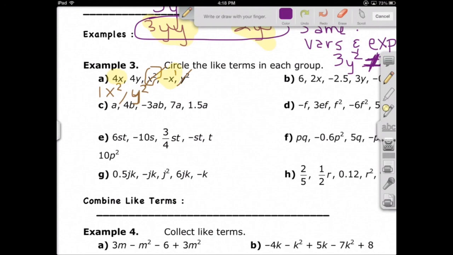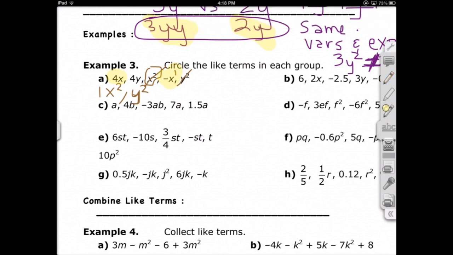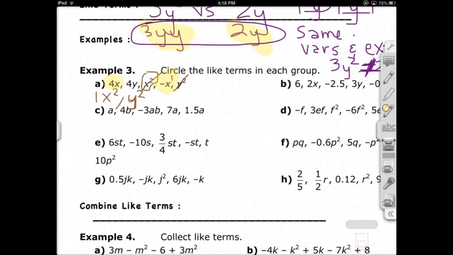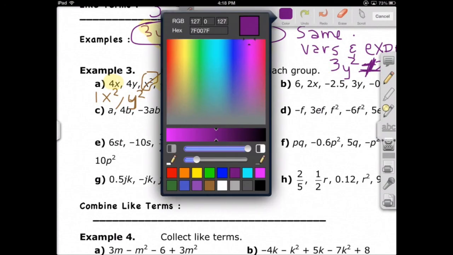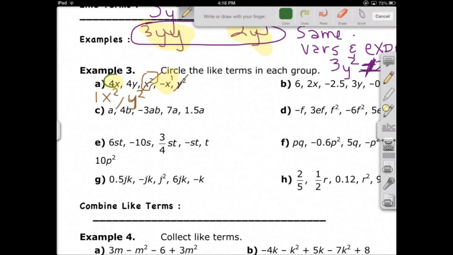You had 4 here and you take away 1 x here. That's interesting because we can group those. So if we're going to circle them, which is originally what it said, there we go. I didn't want to use purple. Go to green. These guys are the same, and you can combine them.